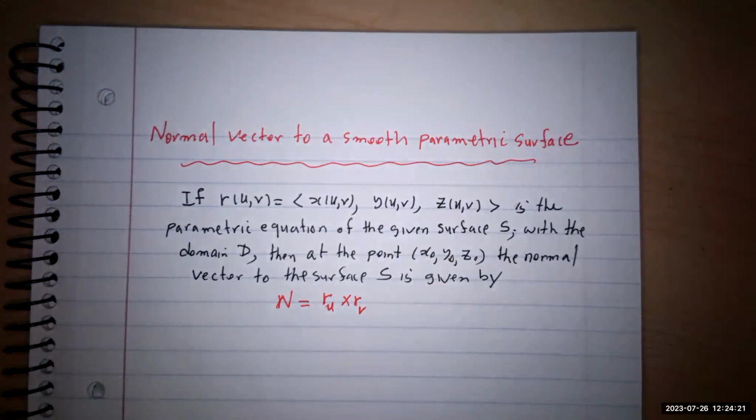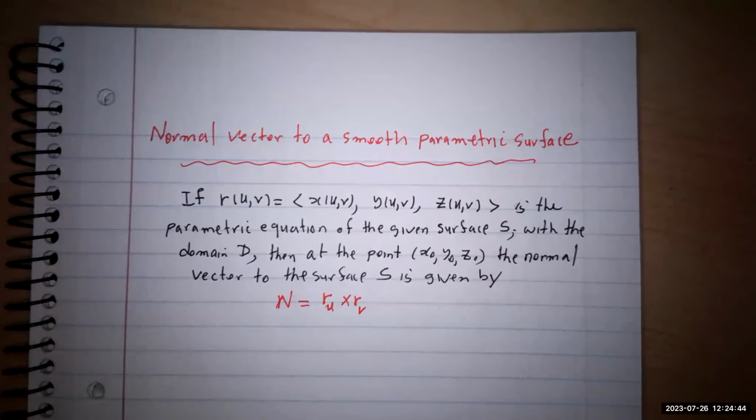This means n is perpendicular to the tangent vector ru, and it's going to be perpendicular to rv. So in fact, it's going to be perpendicular to the plane that would be spanned by these partial derivative vectors.